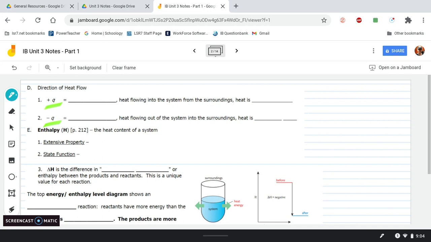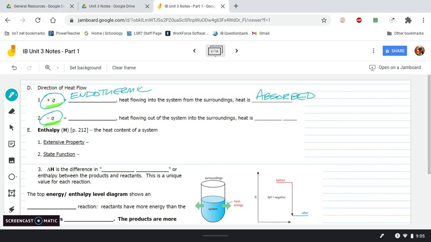You're adding energy, and so the plus sign is going to be endothermic. That means that the energy is going in, it's pulling in the energy, and the heat is going to be absorbed. So a positive Q, a plus Q, means that the heat is absorbed.